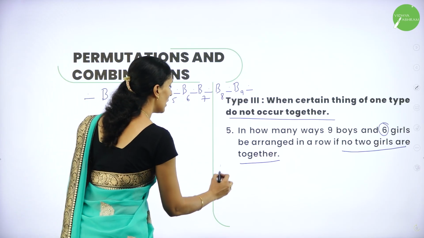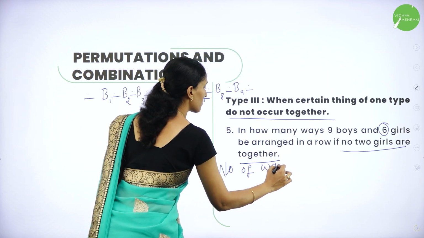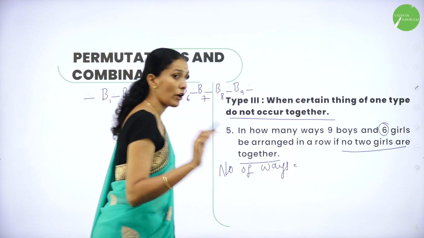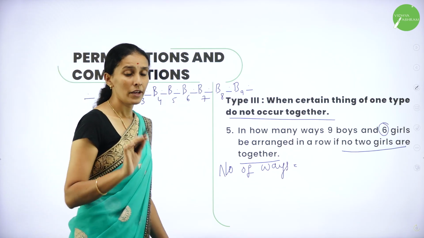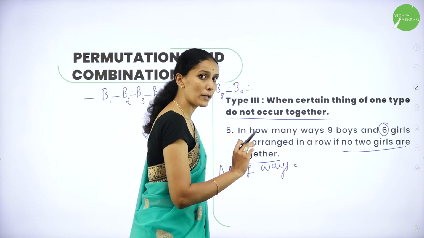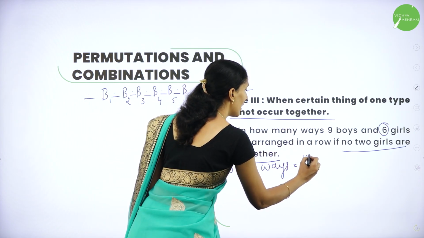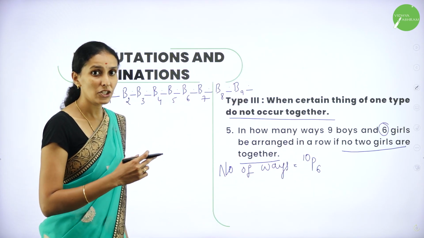So what happens here? Number of ways for arranging girls: we have 10 places where only 6 girls can occupy the places. So my permutation can be written in the form 10P6. This is the number of ways of arranging the girls.